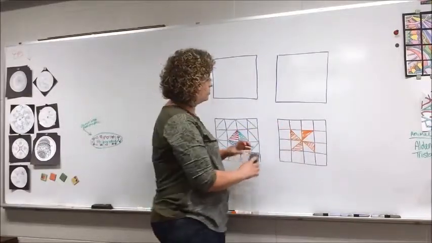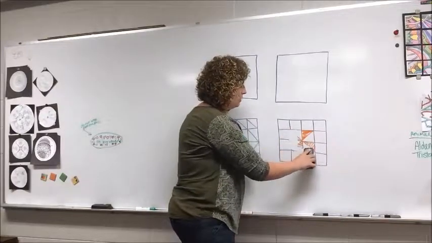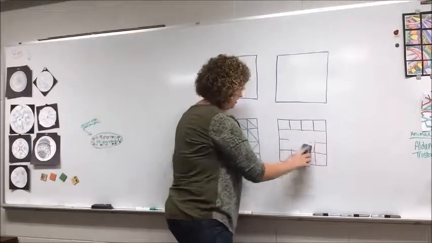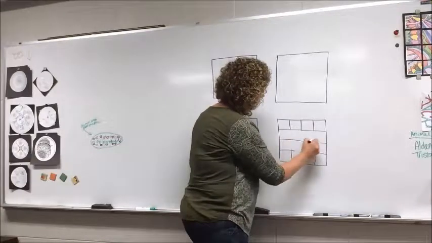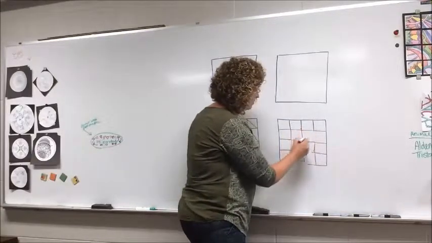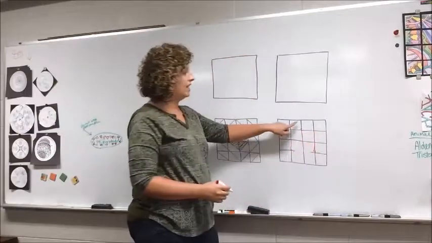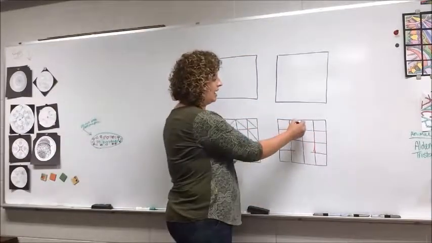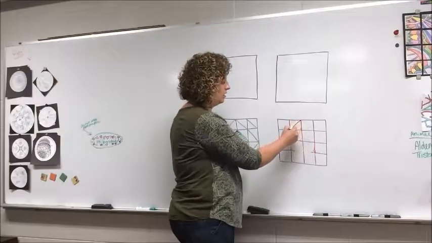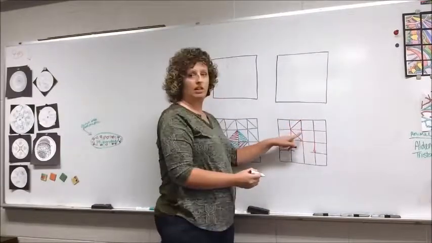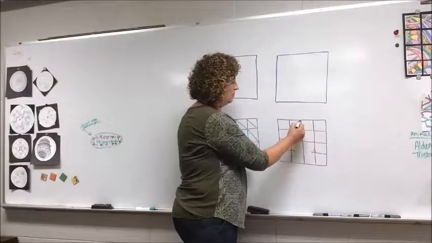Another way to do that, you can do a big pinwheel, by making a bigger triangle. I'm going to start all the way on the outside edge and make a little triangle like this. Hopefully you can see that.